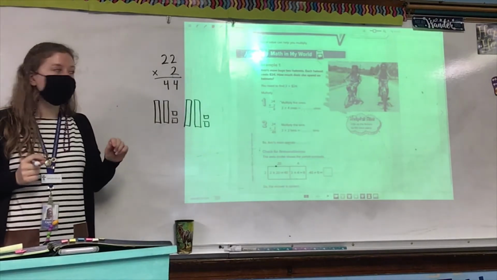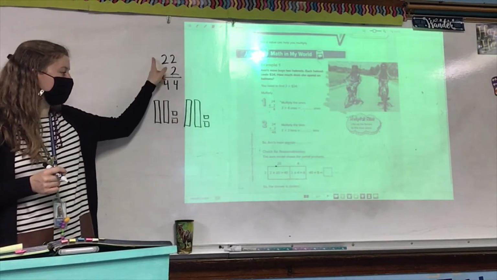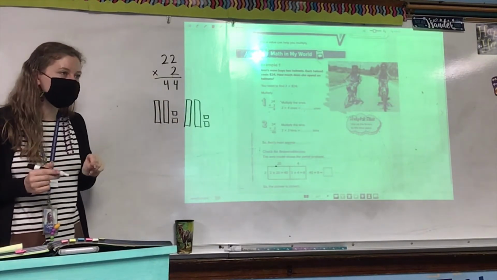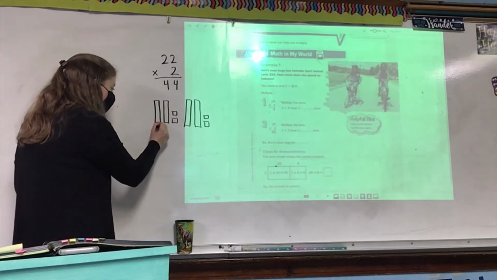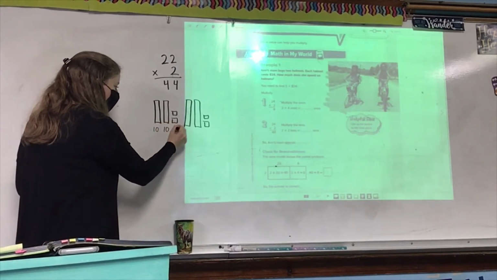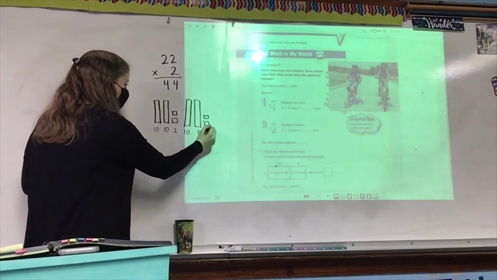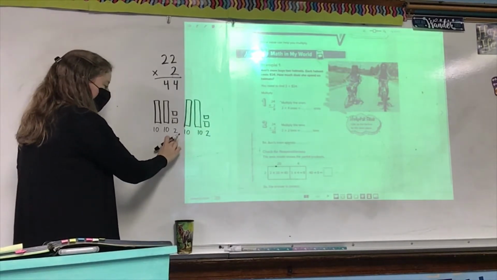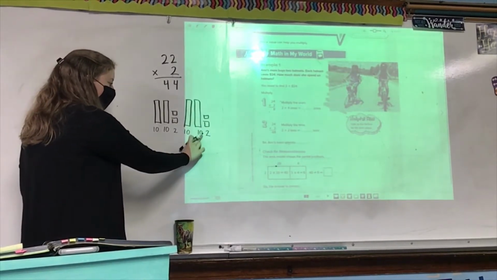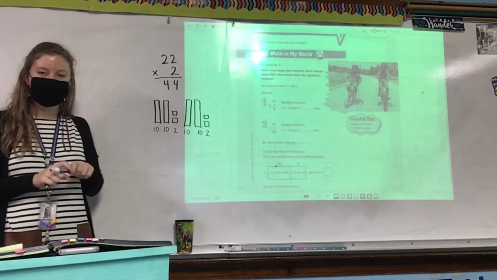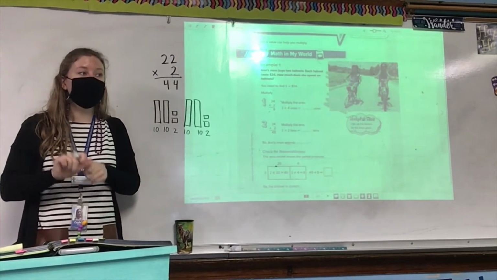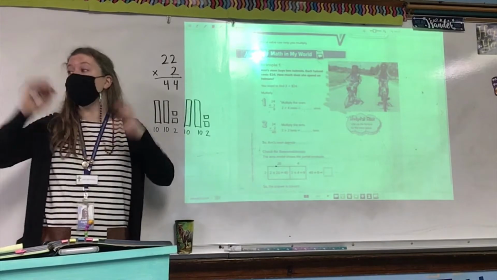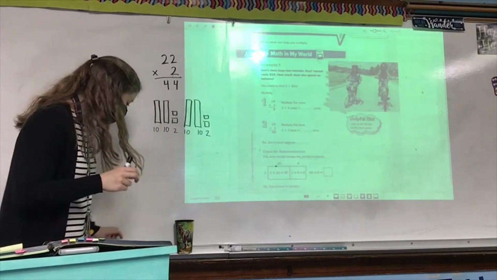And then you know if you take 22 objects and repeat it 2 times, you have 10, 20, 22, 32, 42, 44 objects. That's the importance of models before the pencil and paper way.